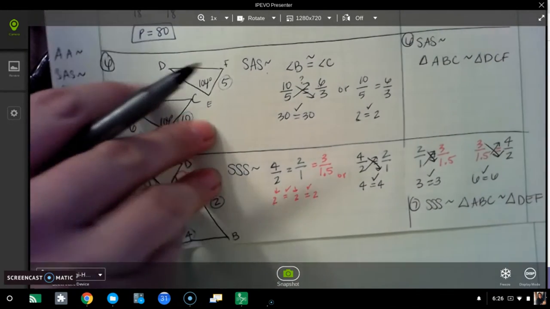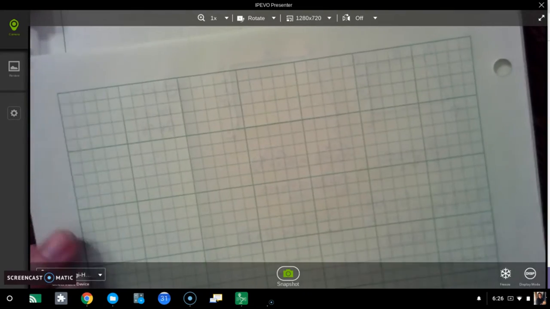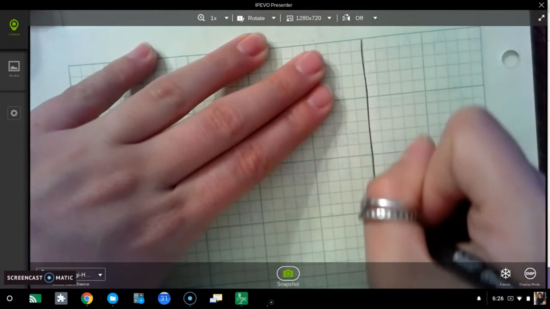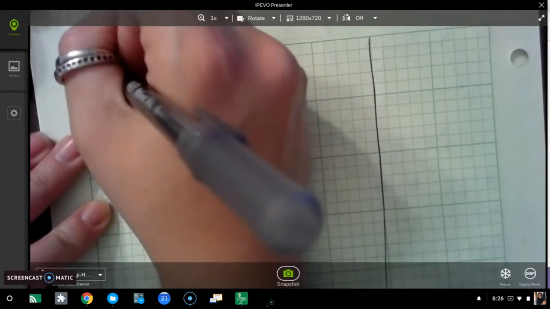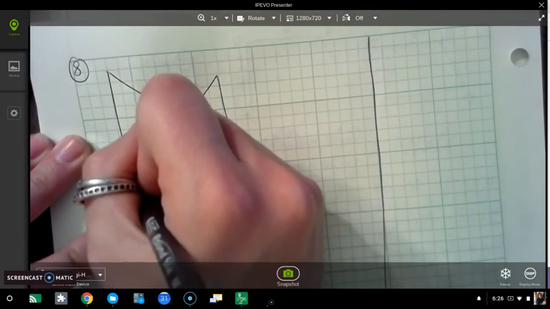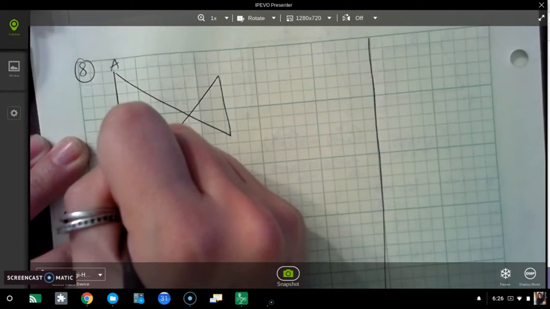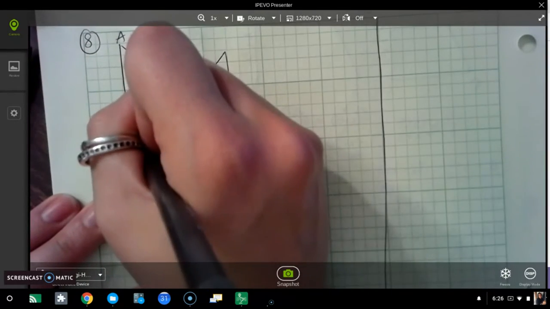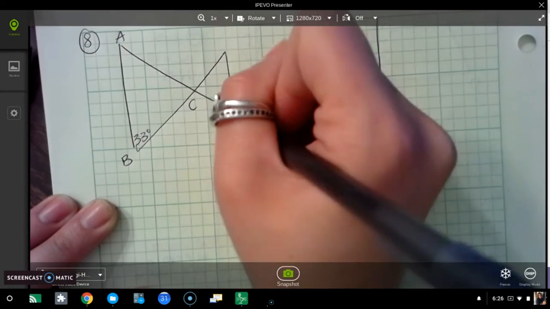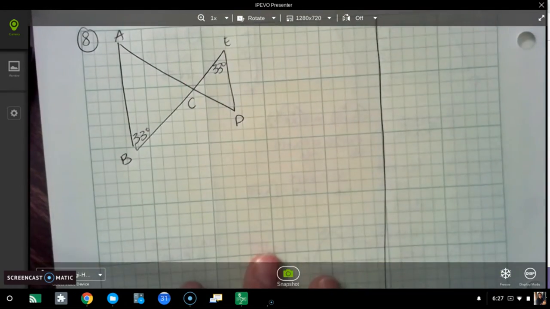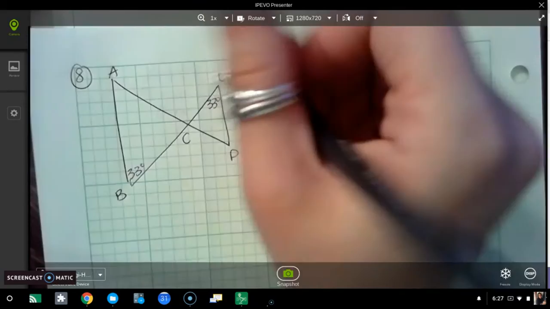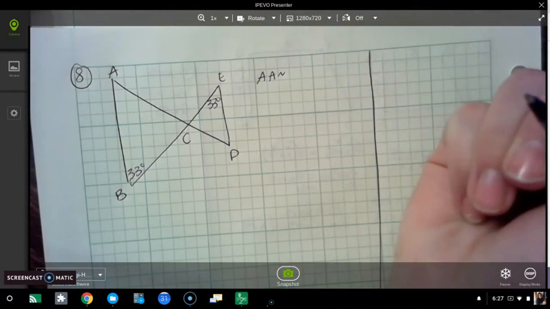And for the last one, number 8. Okay. I don't know any side lengths at all, so I'm assuming I'm going to have to do angle-angle similarity.